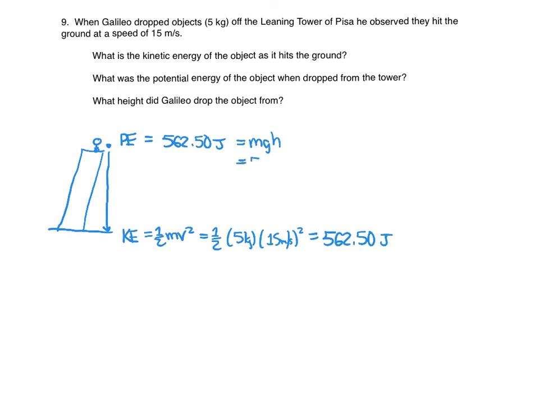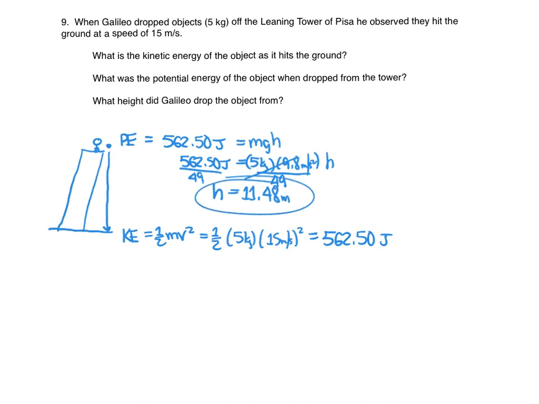So 5 kilograms times 9.8 times h equals 562.5 joules. 5 times 9.8 is 49. If I divide both sides by 49, 562.5 divided by 49 gives a height of the tower of about 11.48 meters. There you go.